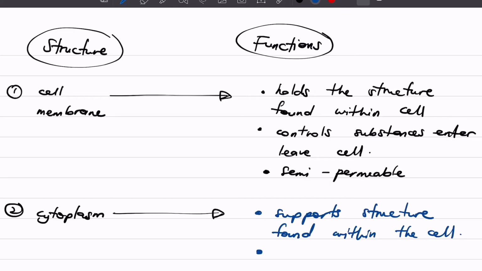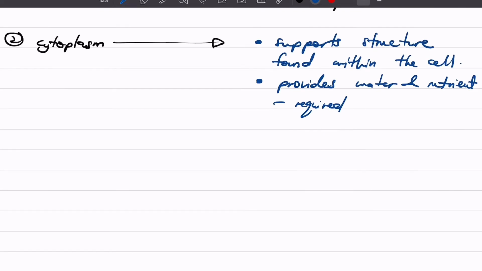And it provides water and nutrients. It provides water and nutrients which are required for chemical reactions.